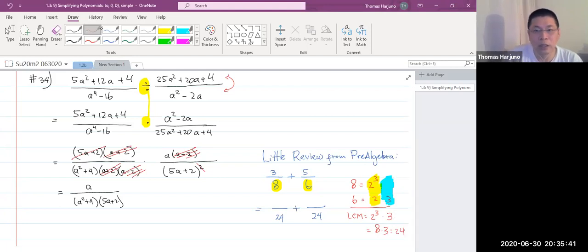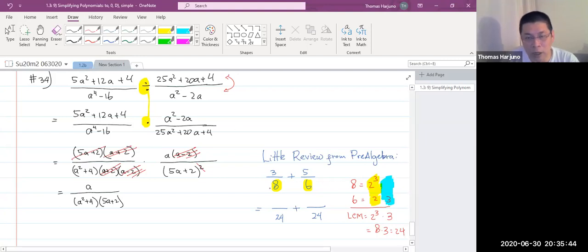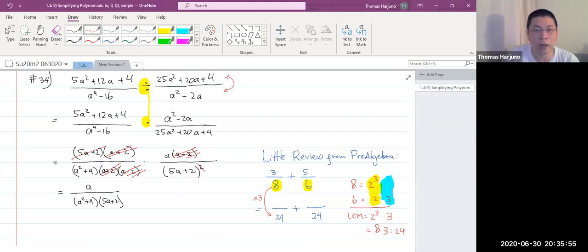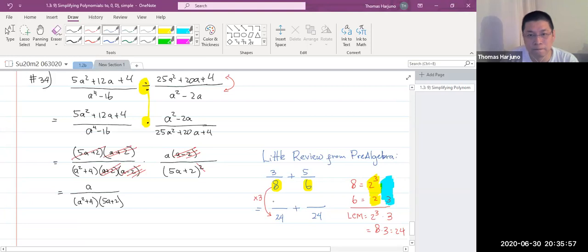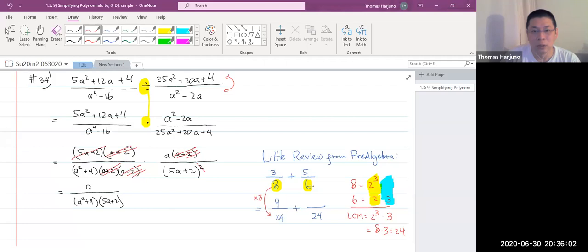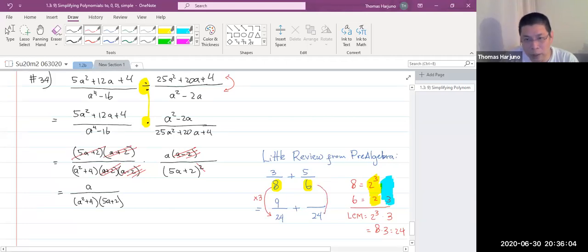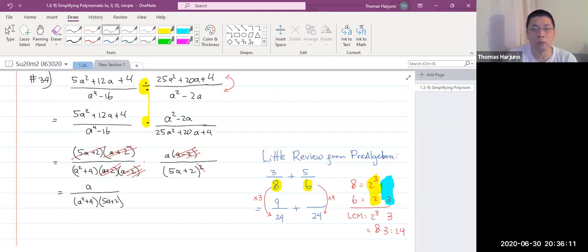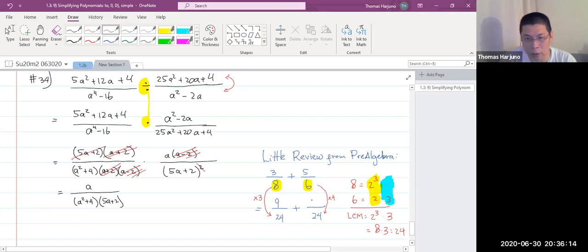Now, once I get the LCD, which is 24, then I do some adjustment on the numerator. For the first fraction, I multiply the denominator by 3, so on the top, I need to multiply by 3 as well. That becomes 9. The one here is multiplied by 4, so on the numerator, I multiply by the same number 4, which gives me 12.